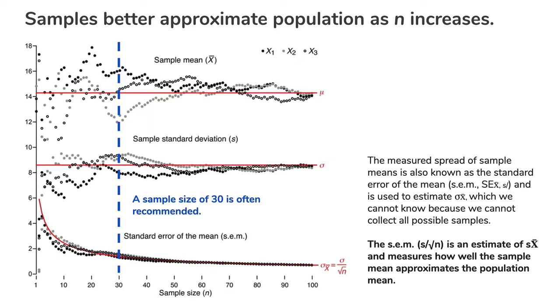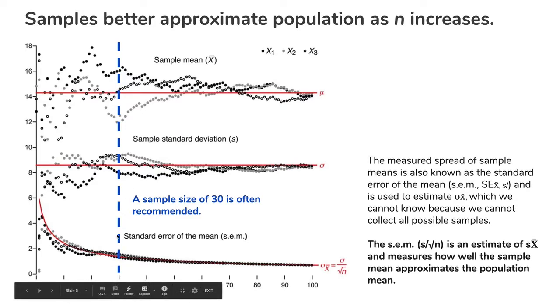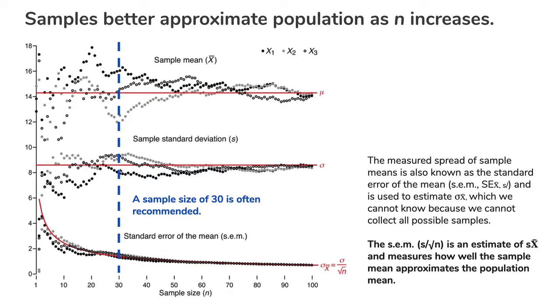because if you do that, what's shown on this plot is that the properties of this sample, the standard error of the mean, the actual sample mean, the sample standard deviation, get pretty close to the true population mean, which is reflected in this red line.